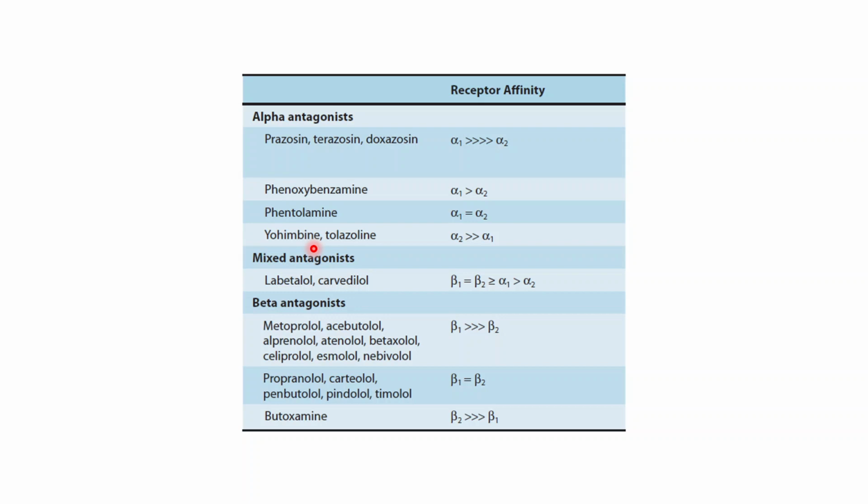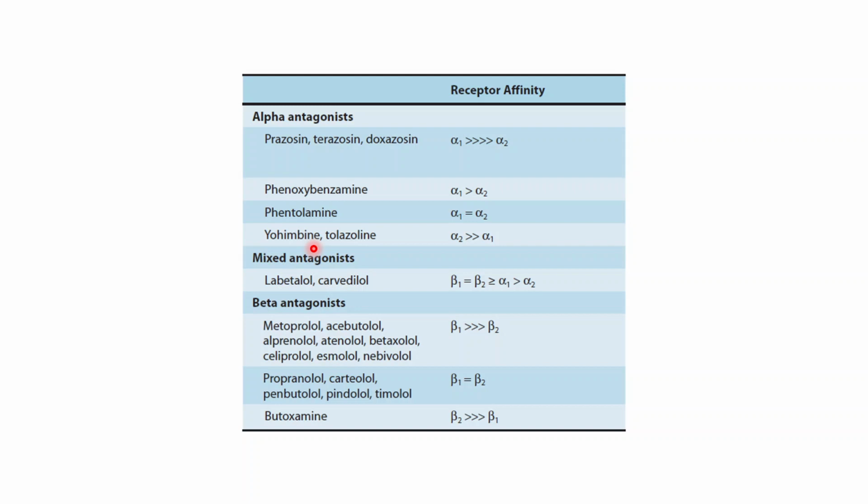Yohimbine, an indole alkaloid, is an alpha-2 selective antagonist. It is sometimes used in the treatment of orthostatic hypotension because it promotes norepinephrine release through blockade of alpha-2 receptors in both the central nervous system and the periphery.